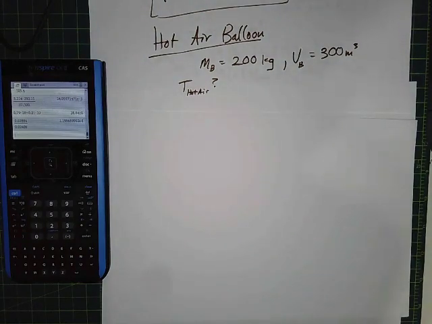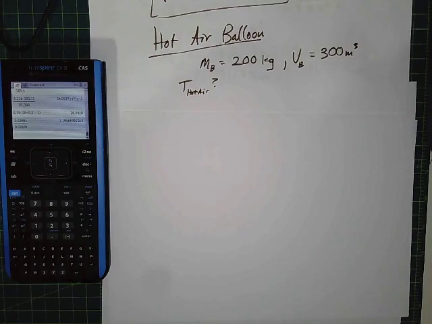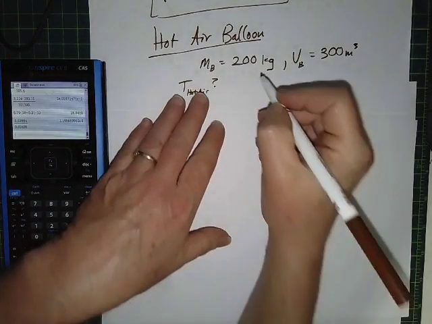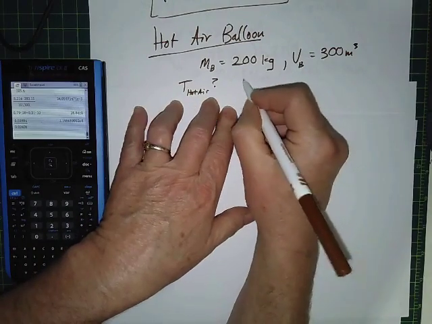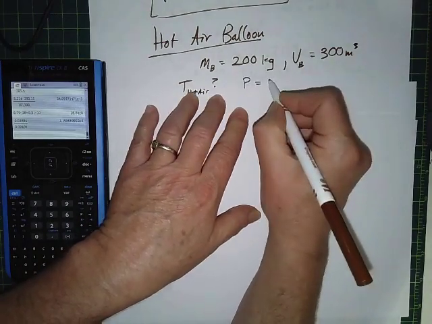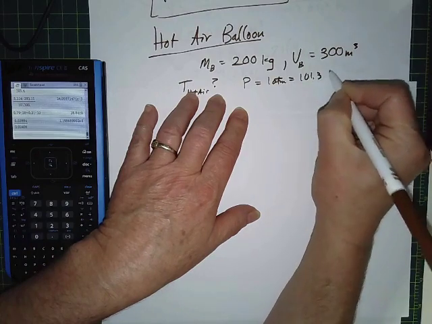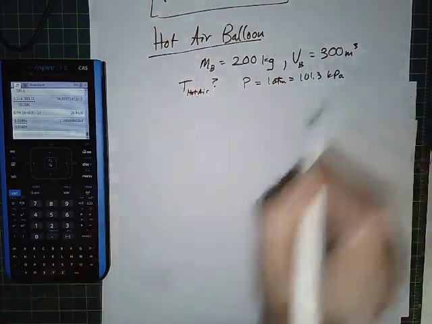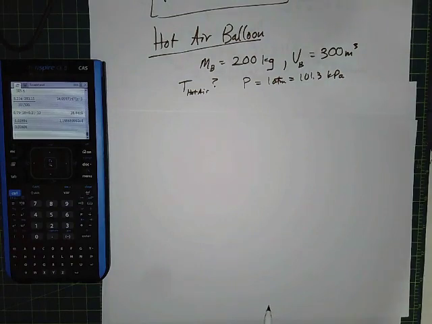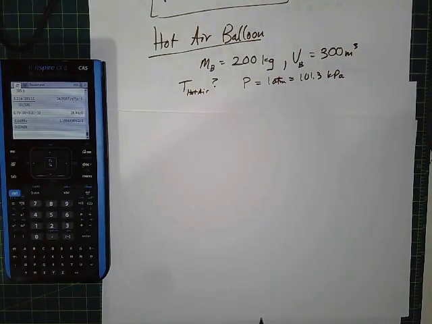We probably need some assumptions here in terms of pressure. So let's go ahead and say that we're at atmospheric pressure, at sea level, so pressure is just 1 atmosphere, which is 101.3 kilopascals like we had before. And are there other assumptions we need?